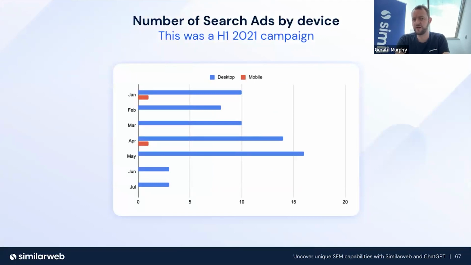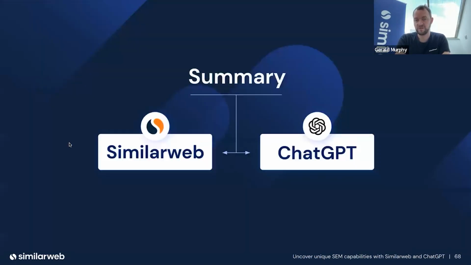So you can now go in and find out, okay, if I have a similar campaign based on what another competitor's done, here's potentially a good benchmark for us to do at least or aspire to do. So for example, you can split the number of search ads by device and see that this was very much an H1 campaign for Slack, and it was a desktop only campaign.